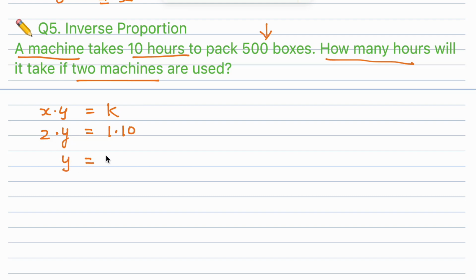So 2y is equal to 10, dividing by 2 on both sides, y is equal to 5. So if you have 2 machines, 5 hours will be needed. And if we apply a little bit of logic, yes, if a machine is doing a work in 10 hours, 2 will take 5 hours. So this is inversely proportional. I hope you get the concept of directly and inversely proportional now.